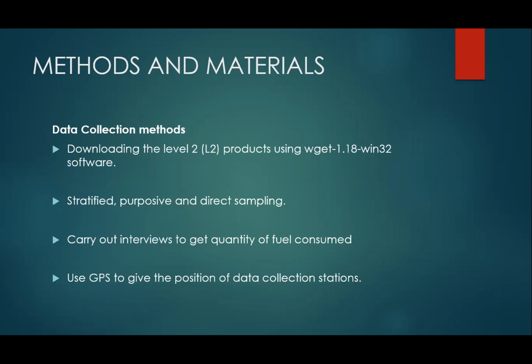The research will also carry out interviews in case the records of fuel consumption are missing. You can interview the operating employees to get to know the amount of fuel that was consumed each month. We also use GPS to get the locations of these industries and of course the petrol stations for the transport system.